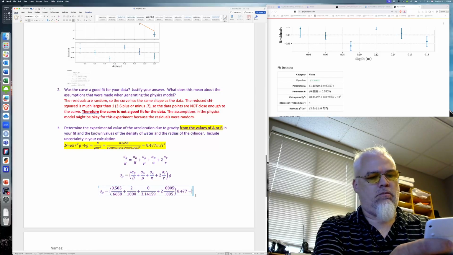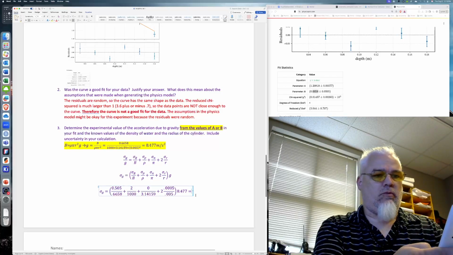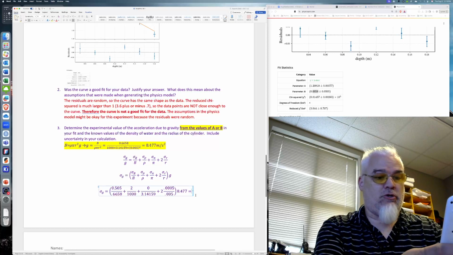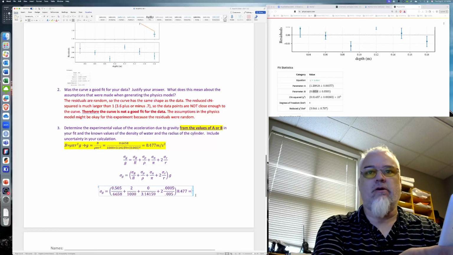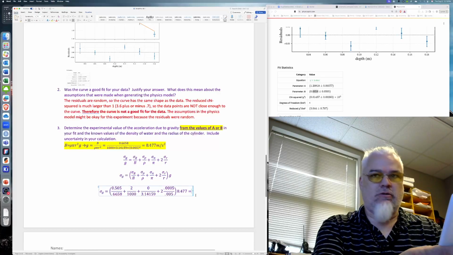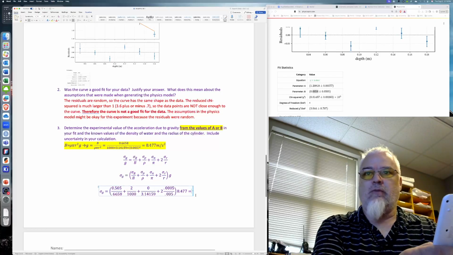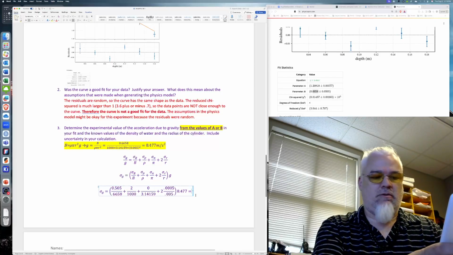Wow, I really typed that in wrong. Okay, let me try again. 0.505 divided by 0.6658 plus 2 over 1,000 plus 0 over pi plus 2 times 0.0005 divided by 0.005, close parentheses, times 8.477 equals.